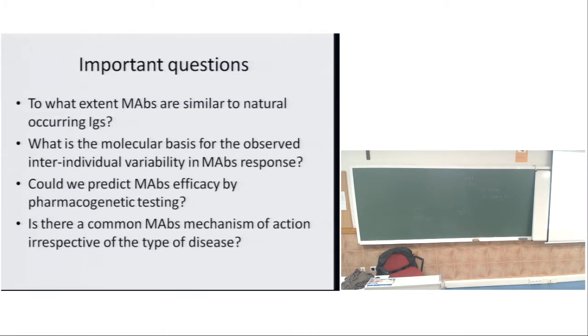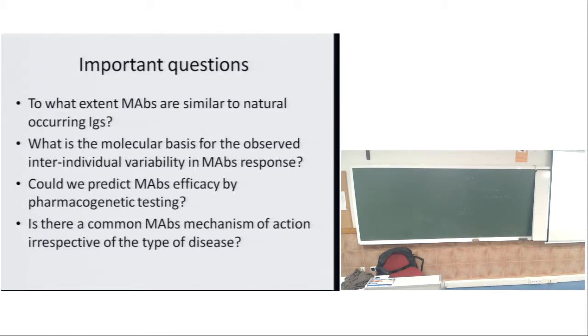And probably there is a common mechanism of the MAbs, monoclonal antibodies, irrespective of the type of disease, because the Fc portion, all the effector functions of the antibody, are the same. These are all immunoglobulins in most of the cases. So what is happening after the antigen recognition will be kind of the same immune system associated process.